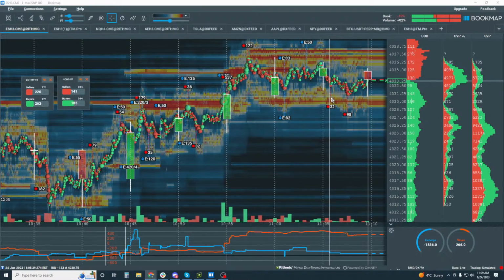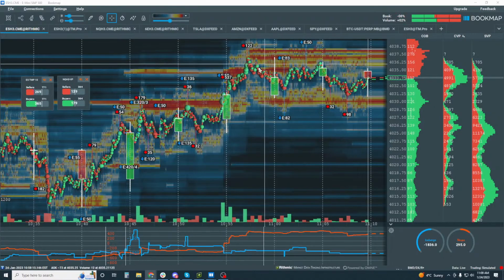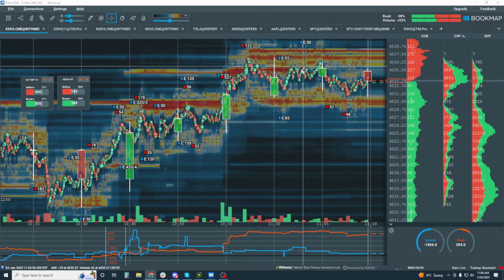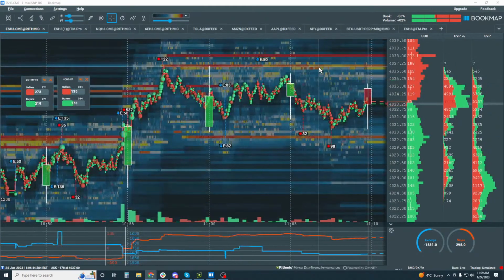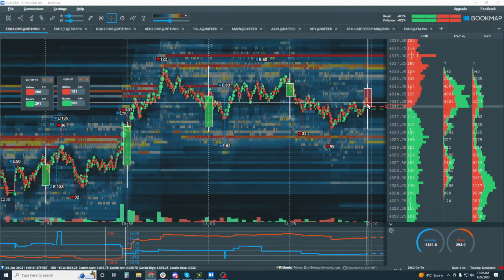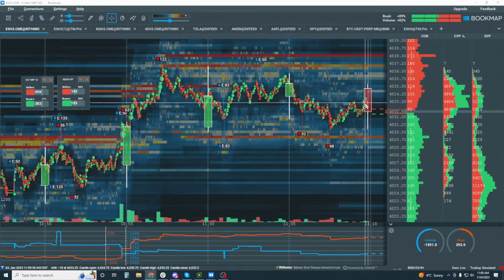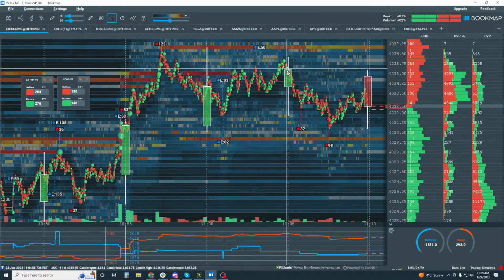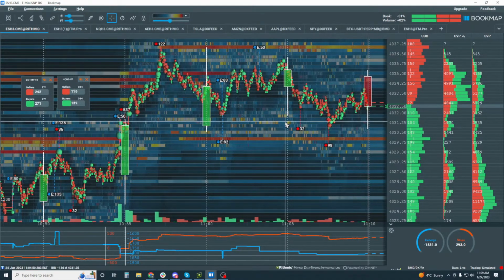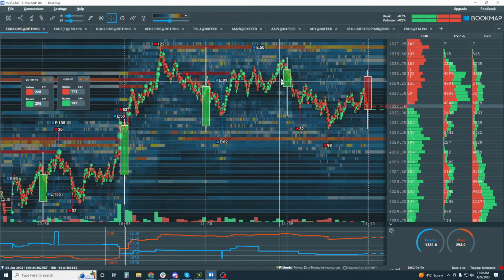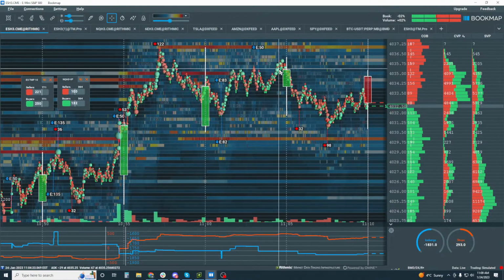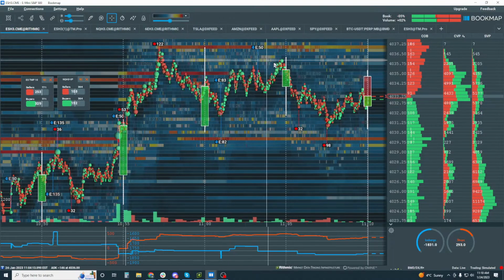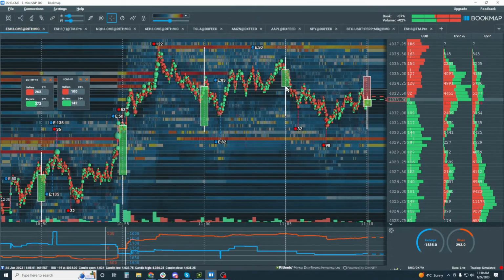Rare footprint. Okay, footprint is pretty similar to what Bookmap is showing already. You're actually getting quite a bit more data in here, but the difference is it's graphical. Basically your footprint is a bar of data. It's an aggregate bar, and it shows the volume within that bar. But what we're looking at in Bookmap, for example, let's suppose a 5-minute bar in footprint.